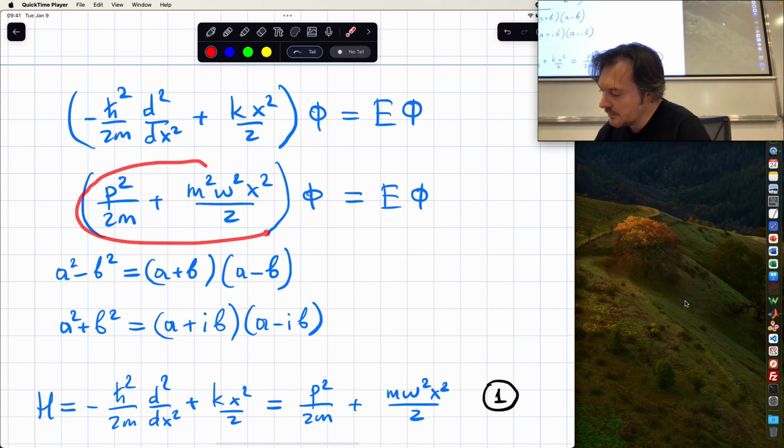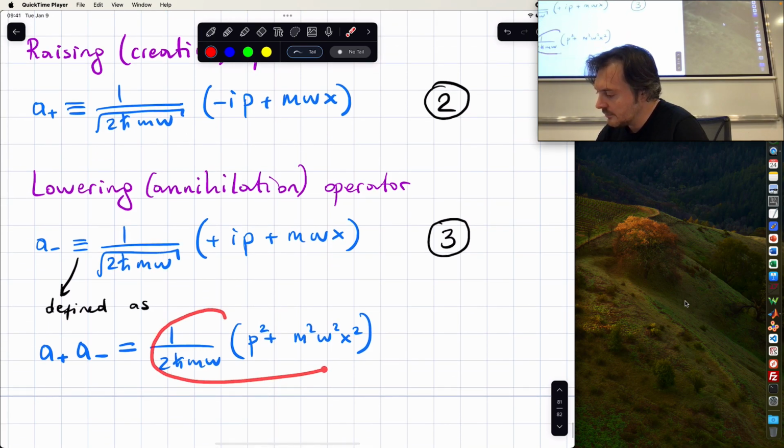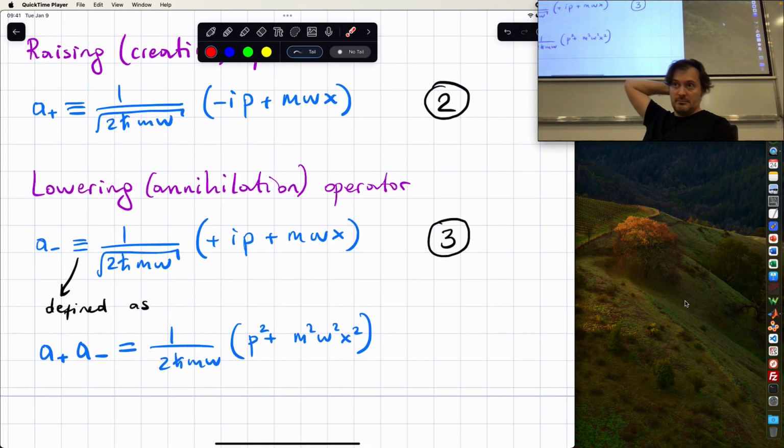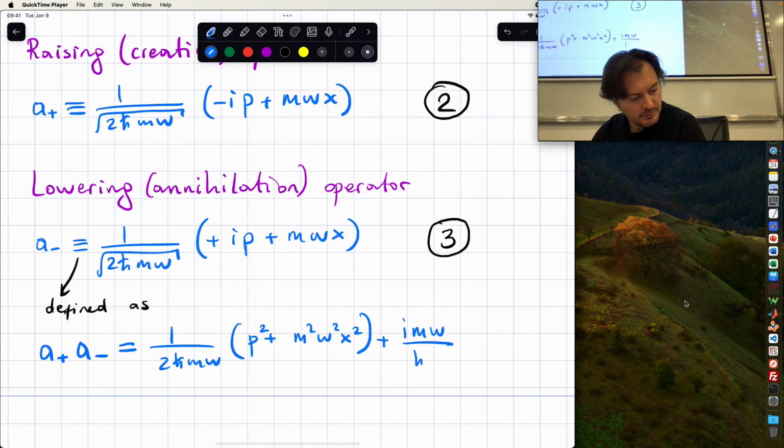So it starts looking like the Hamiltonian. Do you see it? Yes? But we also have this term, which is not zero, i m omega over 2 h bar m omega, times xp minus px.